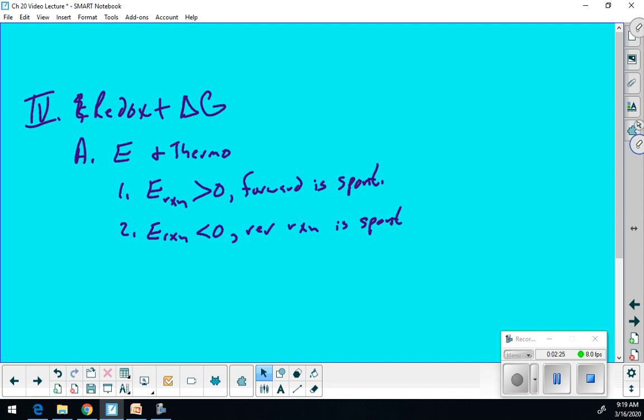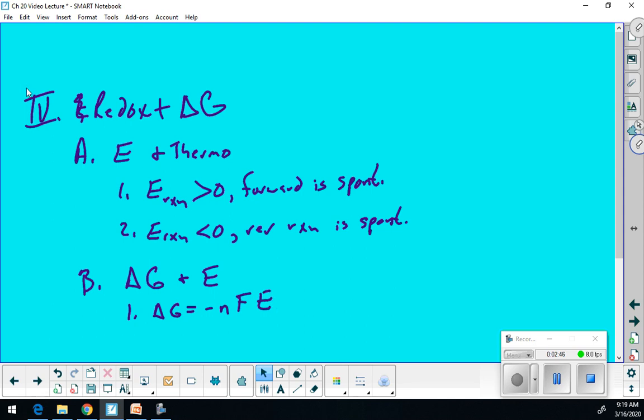And we know that spontaneity is related to thermodynamics, so there must be a relationship between delta G and E, and indeed there is. That relationship is that delta G is equal to negative nFE.